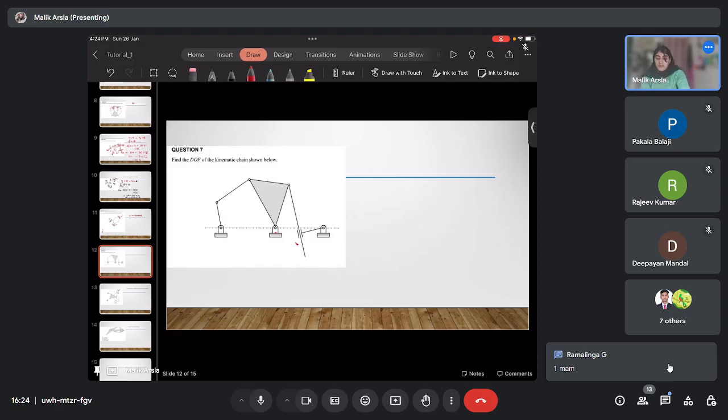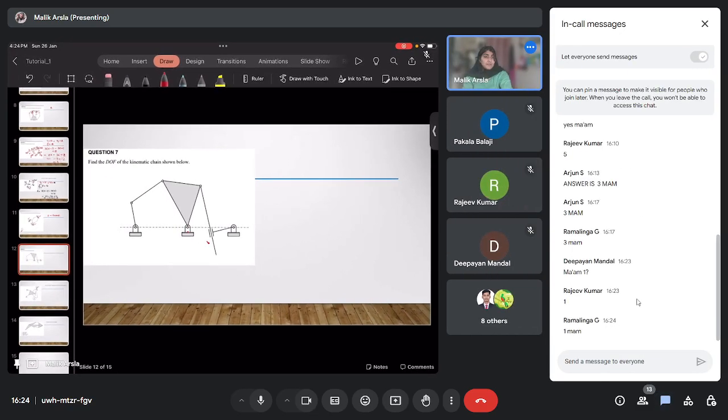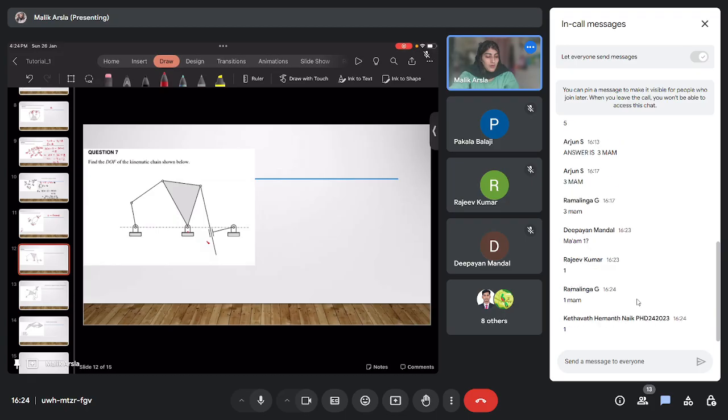Okay, everyone is getting 1 only, right? So yes, 1 is the correct answer. Those who have done it, it's good. Those who have not, you can look at the solution.